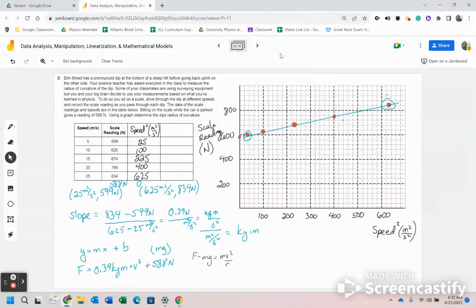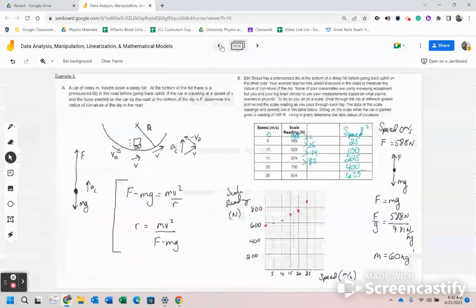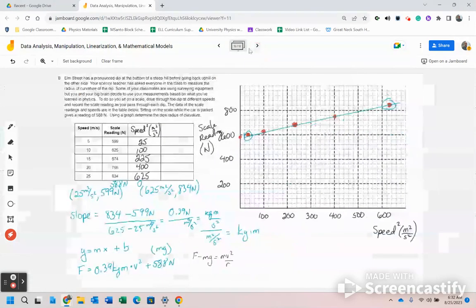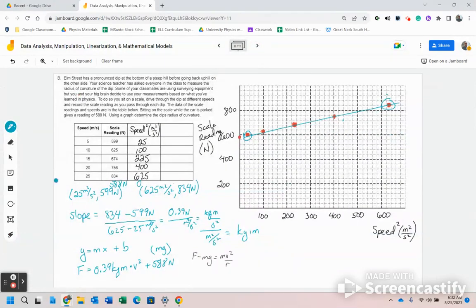In order to relate what we did in part A back to the slope equation, I'm going to slide back for a moment. We're going to take our expression here, Newton's second law, and relate it to the graph that we just manipulated. Looking at the graph, we have y equals mx plus b.